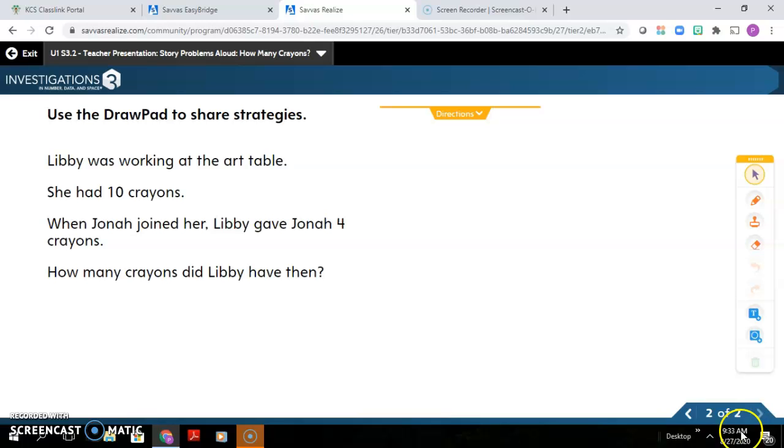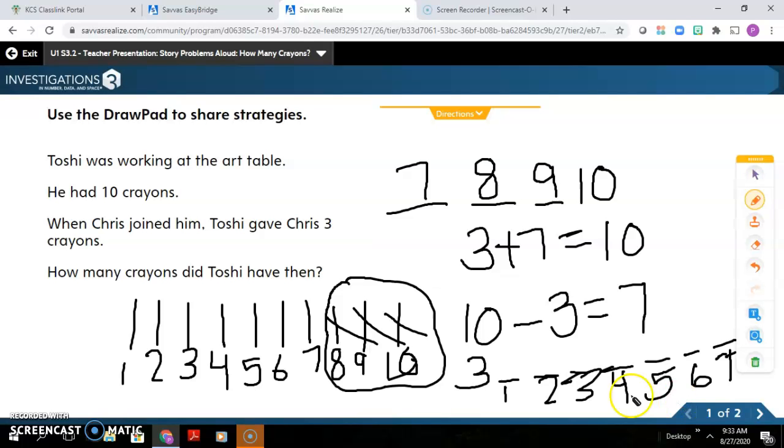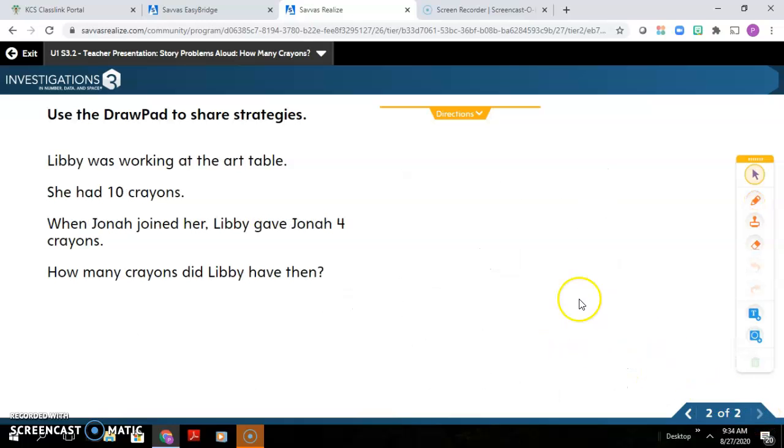Or you could just go back to problem 1. Now in problem 1, how many crayons were given away? 3. And in problem 2, how many crayons are given away? Right, 4. Since 4 is 1 more than 3, Libby's going to have less crayons than Toshi, right?